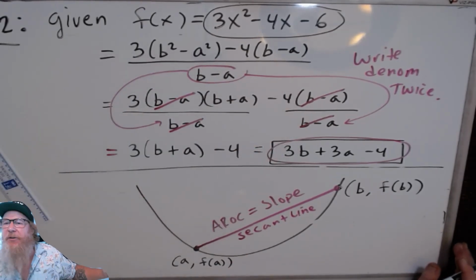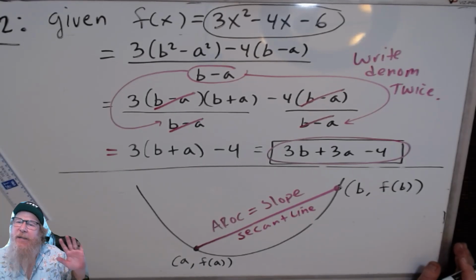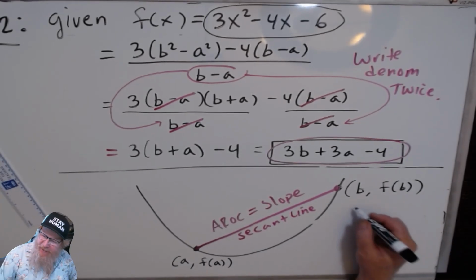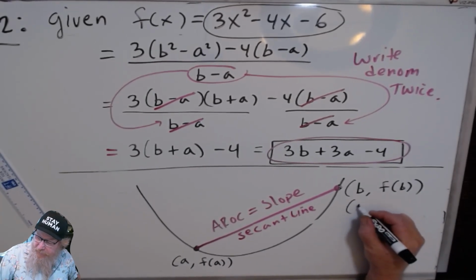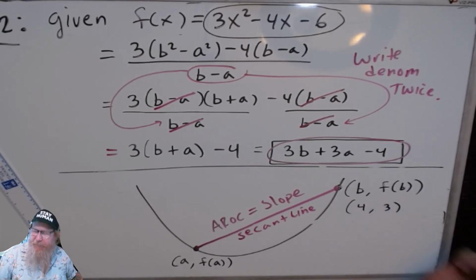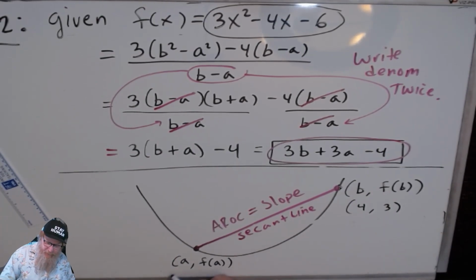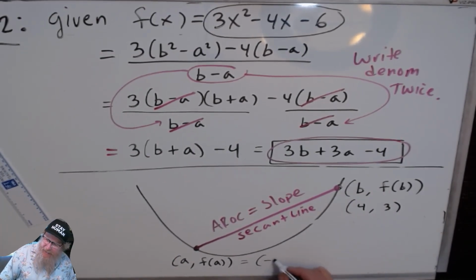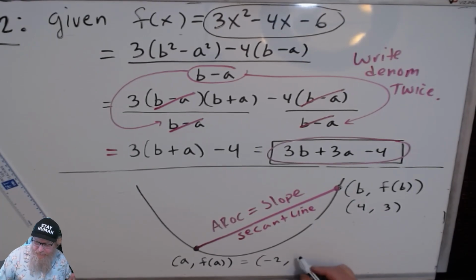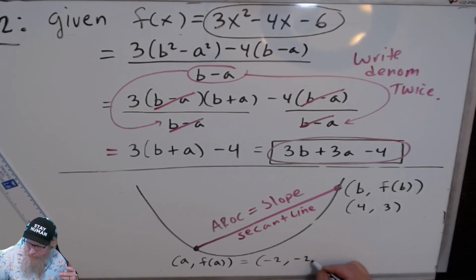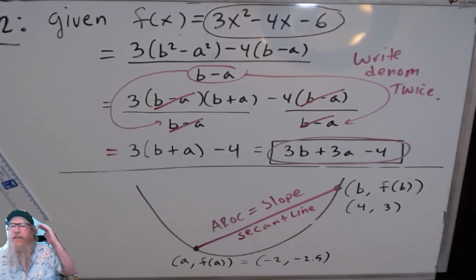Of course, these numbers are going to come out different, but you can see what would happen. If this was, what did we do, 4, comma 3, and this was negative 2, comma, negative 2.5 or something. I don't know, I'm just making these up at this point.